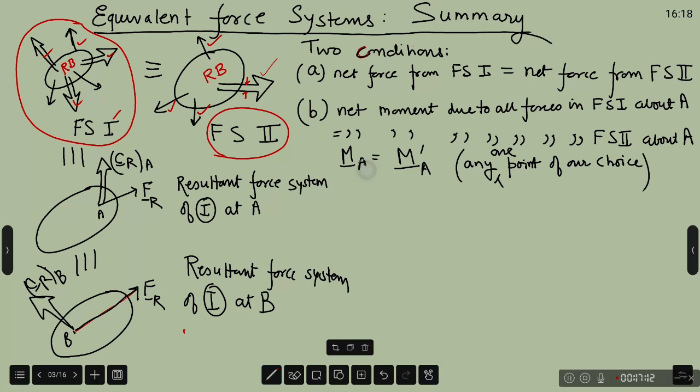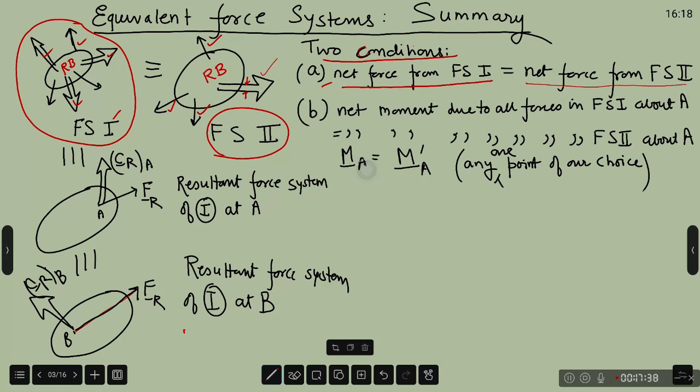In general, 2 force systems. We call these 2 force systems equivalent if the following 2 conditions are satisfied. The first condition is the net force from force system 1 should be equal to the net force from force system 2. That is the first condition.